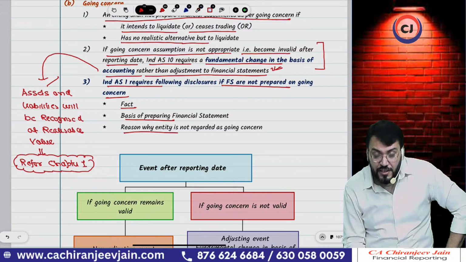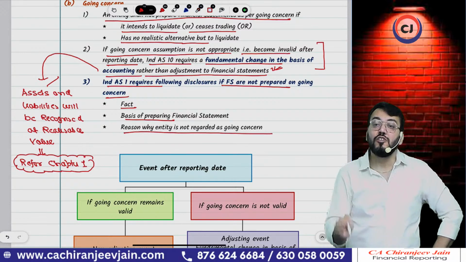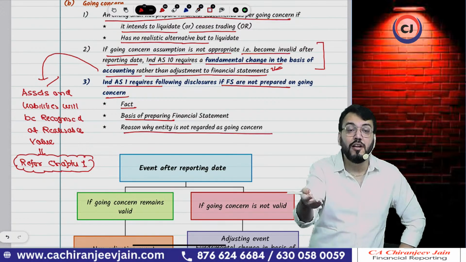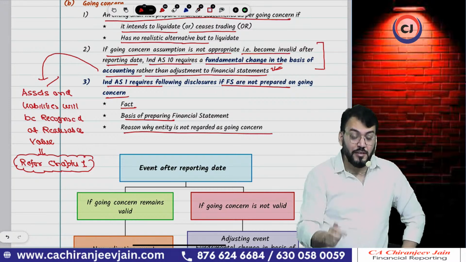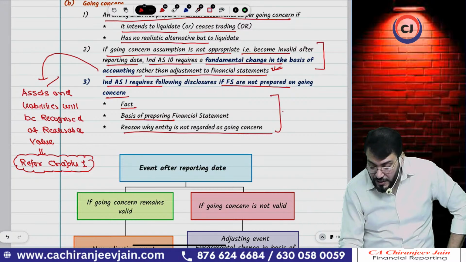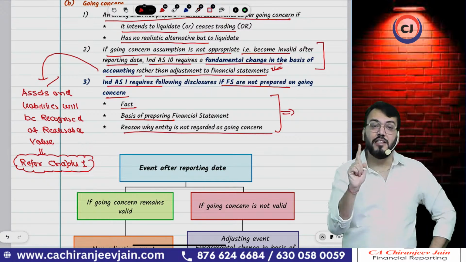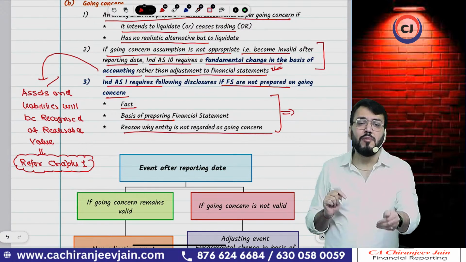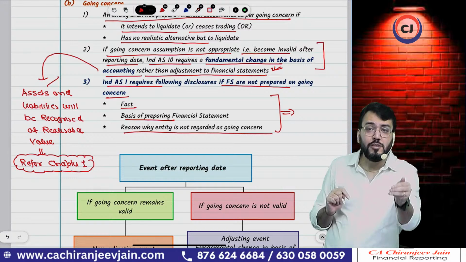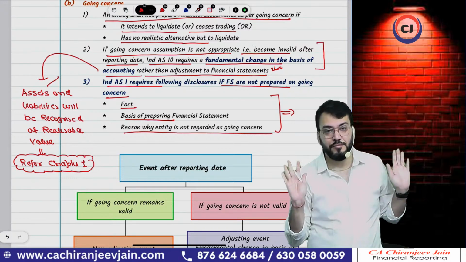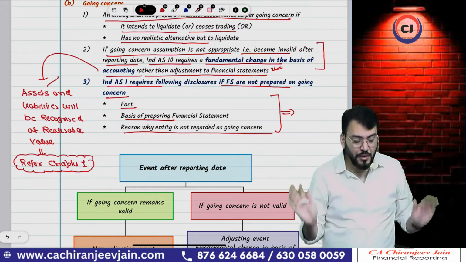Then the reason why the entity is not regarded as a going concern: what actually happened that now you are not a going concern, you need to give the reason. These disclosures are required as per Ind AS 1 or Ind AS 10? Ind AS 1. So you can improve your answer by writing that as per Ind AS 1 we should give the following disclosures. Chalega? Understood.